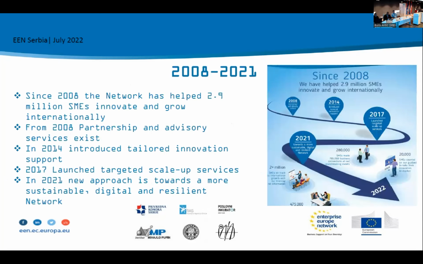These are some results of the EEN as a whole. From 2008 until 2021, the network has helped more than 2.9 million SMEs innovate and grow internationally. We introduced in 2008 partnership and advisory services, which exist all through this project.